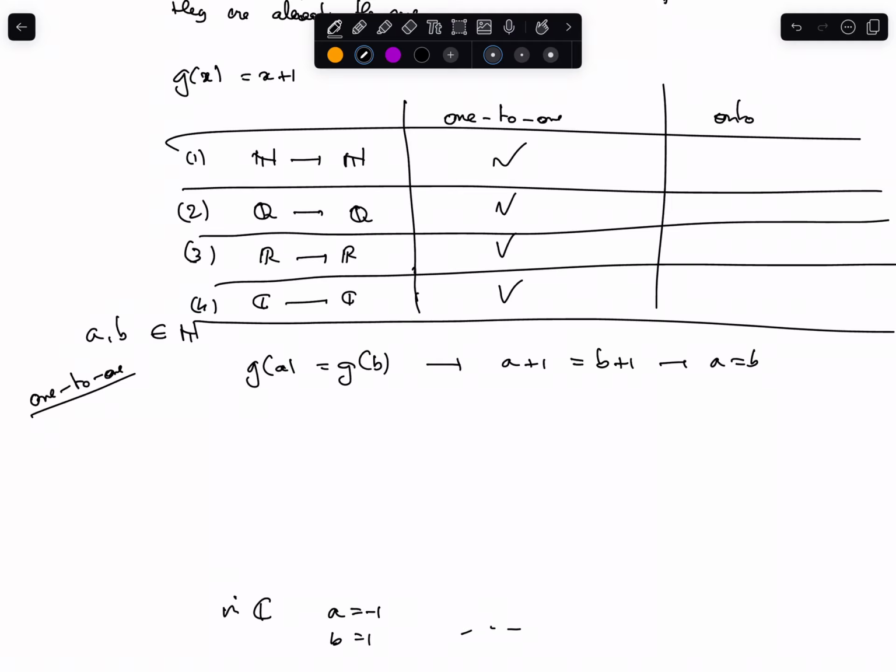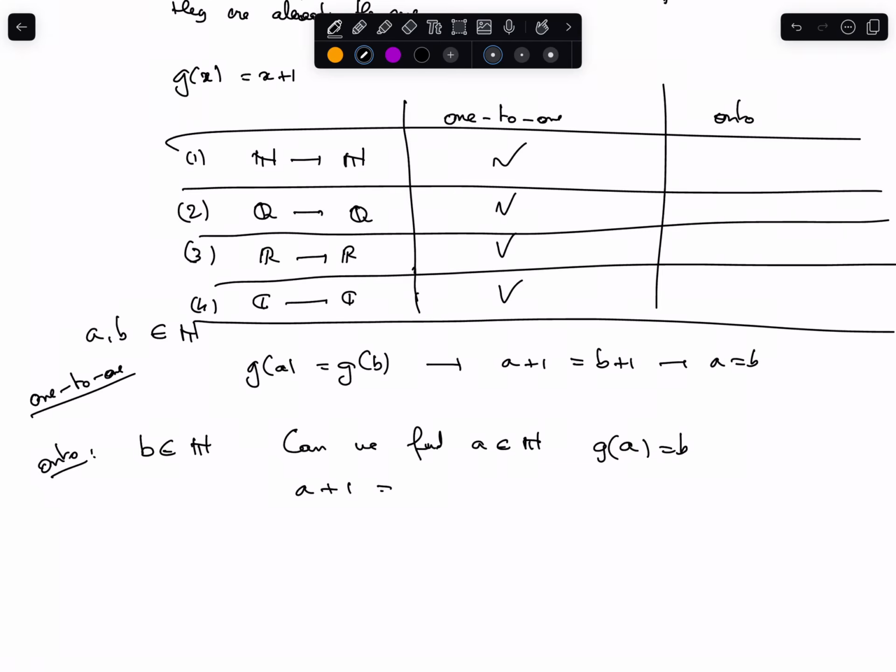Now, what about onto? Remember, this is also solving an equation. Now we take a natural number. Let's start with natural numbers first. Can we find an a in the natural numbers such that g of a is b, and that means that a plus 1 equals b?